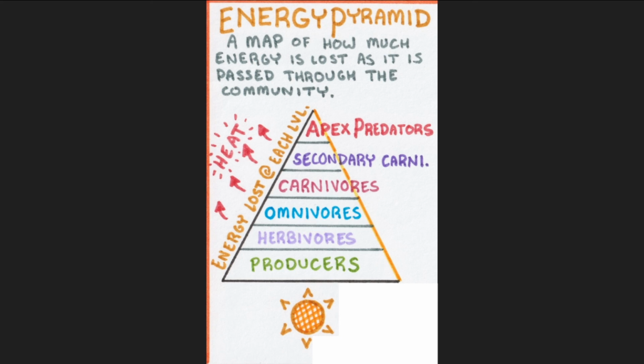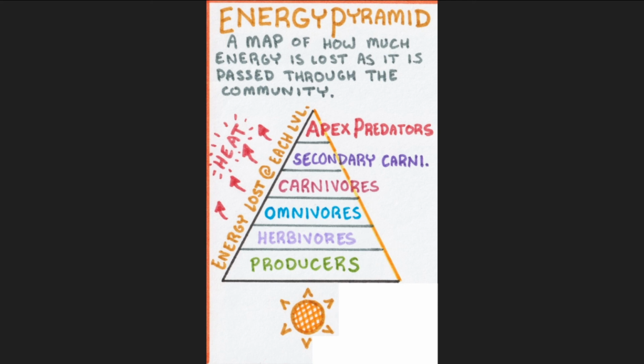That's really the idea of the energy pyramid. The further you go up this table, the further you go up this map, there's less energy for the things eating. So producers have pretty much as much energy as they want. I mean, as long as the sun's on that day, they're going to get energy for photosynthesis. Herbivores have a lot of energy because there's a lot of plants, and the plants are chock full of energy.